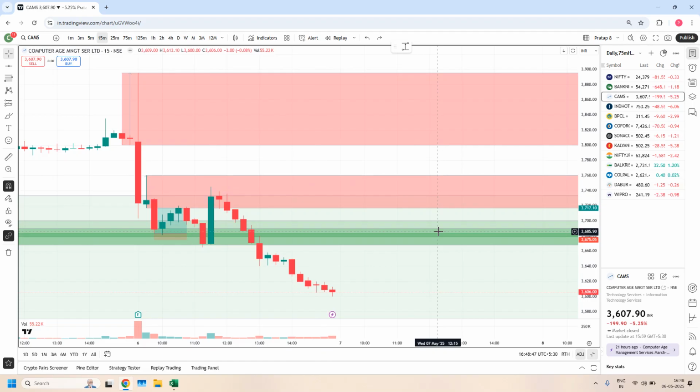That is the difference between finding your own entry, stop loss and target, and taking the recommendations from somebody else. People who don't take recommendations, they would have got a profit in this stock. People who took the recommendations, today they would have got a stopped out trade. Your stop loss would have been hit in this candle.